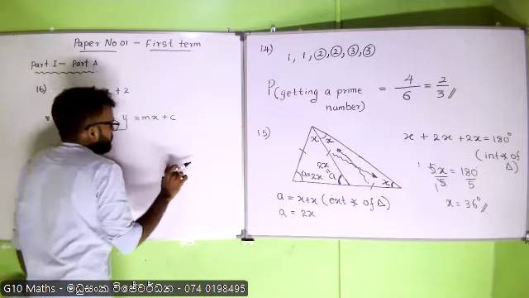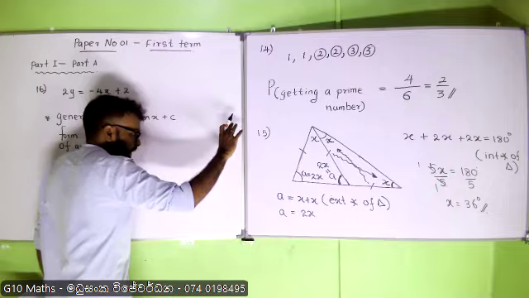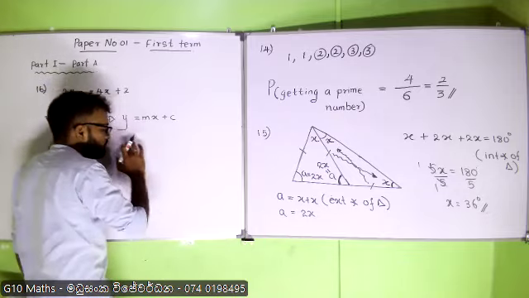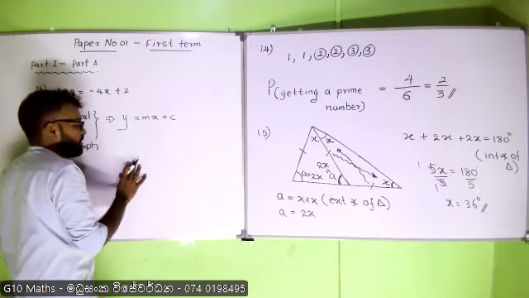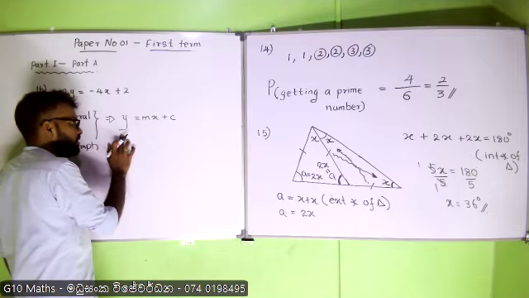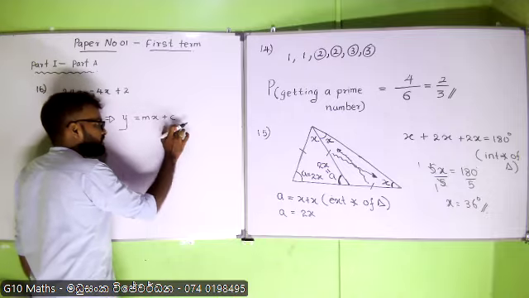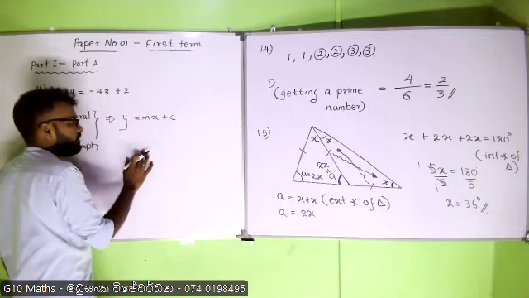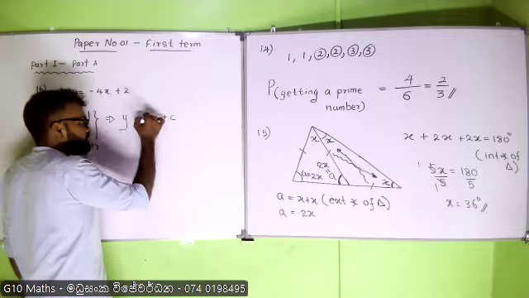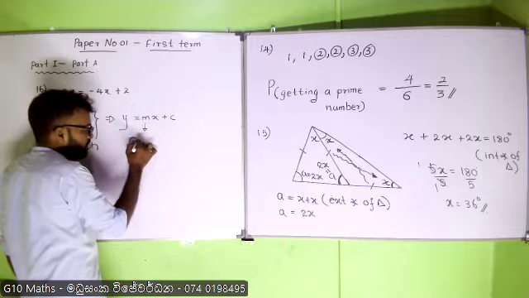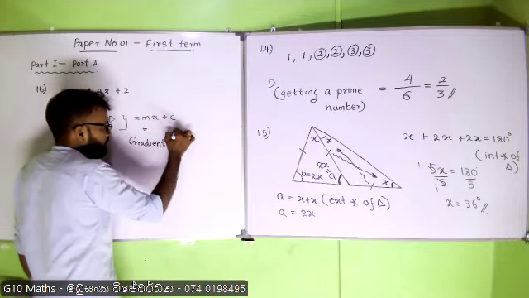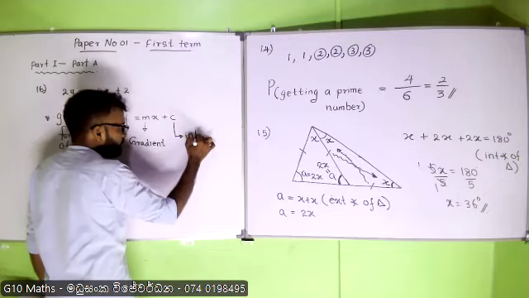Now, if you arrange any given function according to this one, that means if you make y the subject as y equals mx plus c type, right? This is the general form of a function, so this m refers to the gradient, this c refers to the intercept.